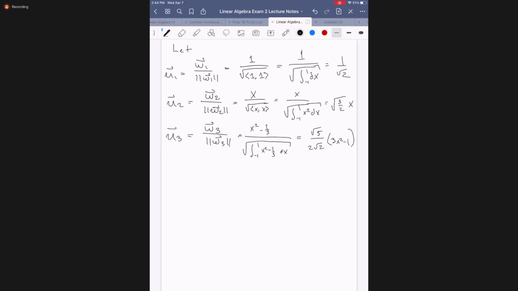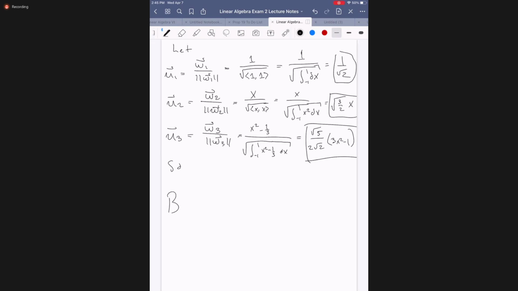But again, all you have to do is just calculate it. I didn't want to waste time trying to figure out what the fractions were. So these three now form an orthonormal basis.